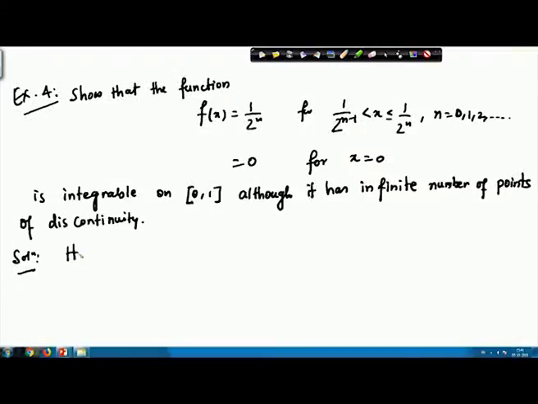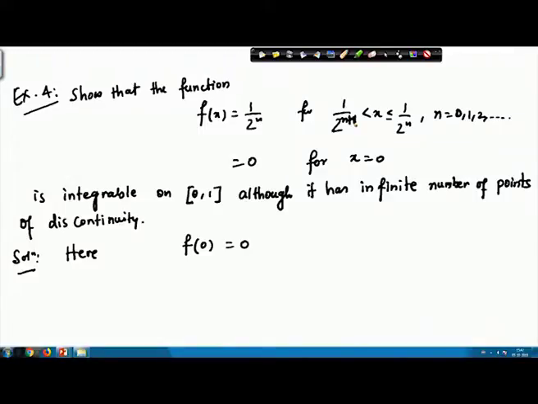First of all, f(0) is 0. Sorry, here it is 2 to the power n plus 1 to 2 to the power n. So, there was a small correction.